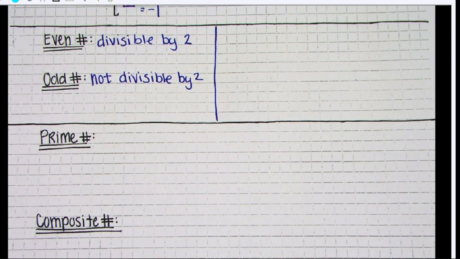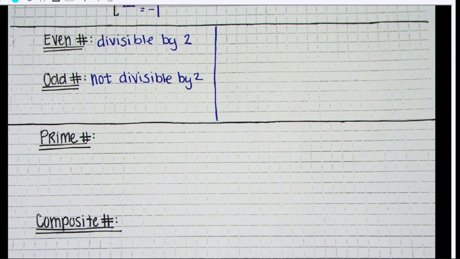Okay. So let's talk about a way that the ACT can make a problem hard. In terms of even and odd, 1 plus 3 would give me what type of number? Even or odd? An even number. 1 plus 3 is 4, which is even.